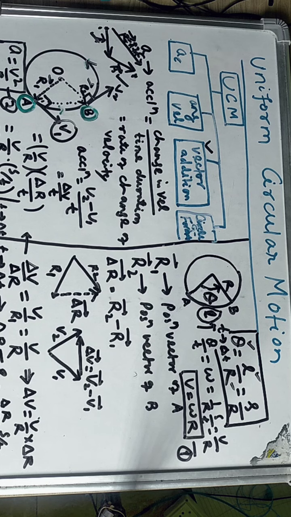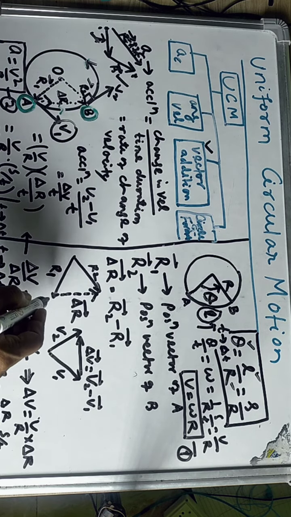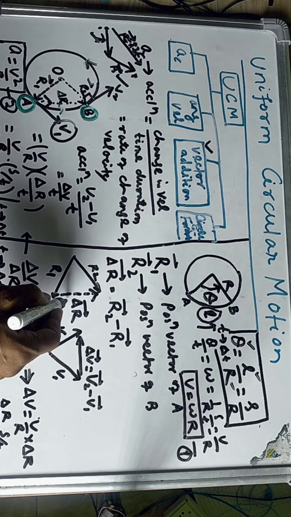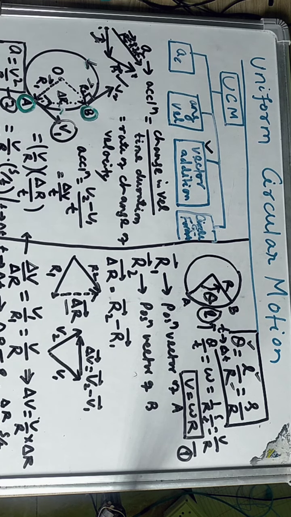Now we find two triangles formed. One is R1, R2 and its resultant delta R. Delta R is the resultant of R1 and R2.